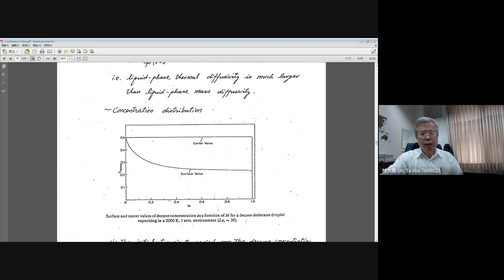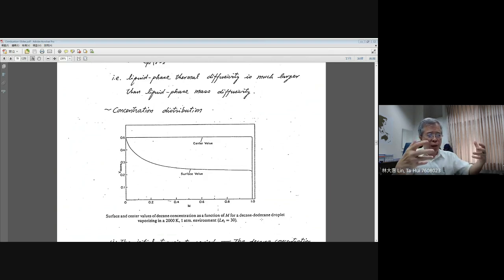They have very similar thermodynamic properties, but decane has the lower boiling point. The boiling point is around 447 K, but dodecane has a higher boiling point, 489 K, but the difference is not too much, around 50 K. But with those kinds of differences in boiling point, you will figure out that when they are mixed well together and this droplet experiences the outer flame, right?